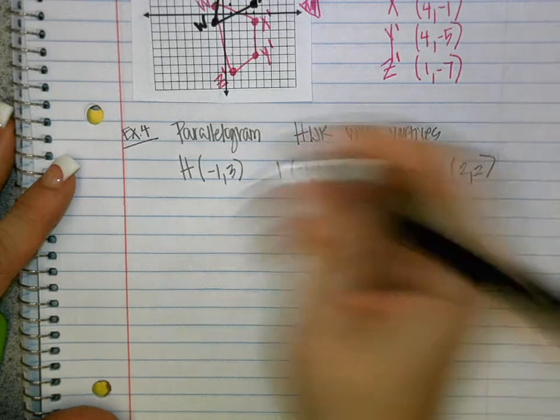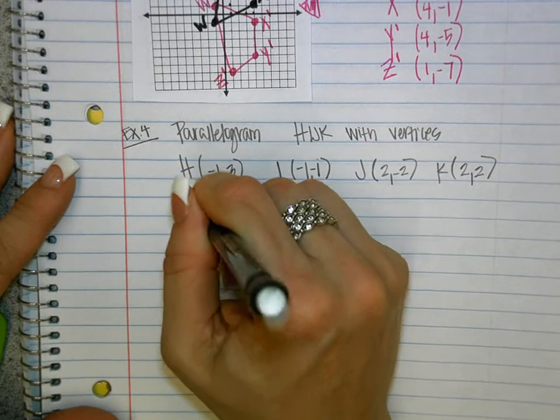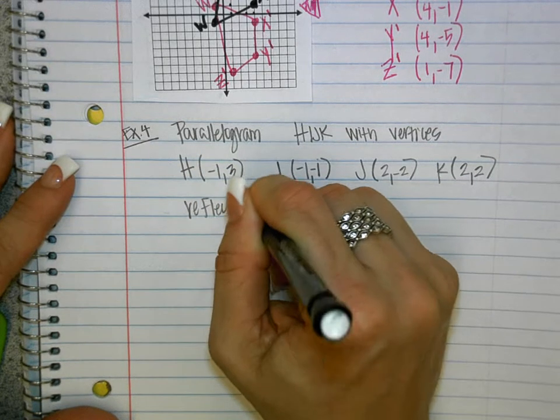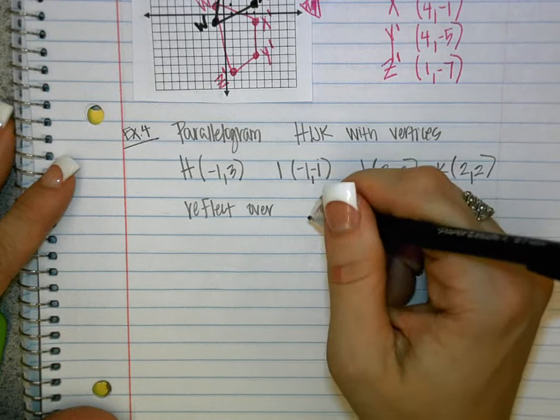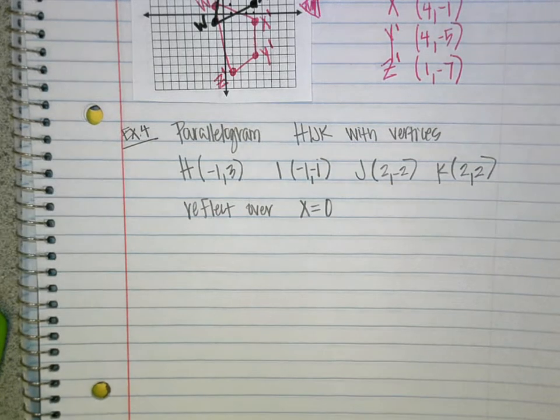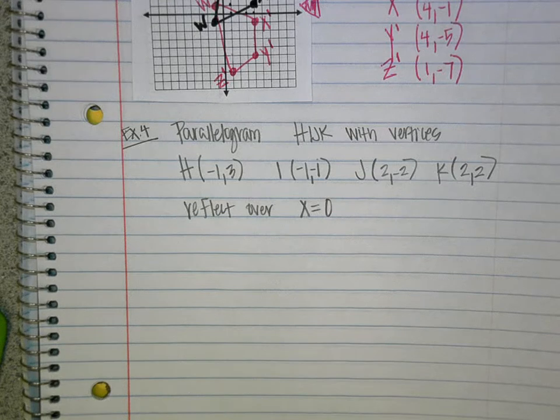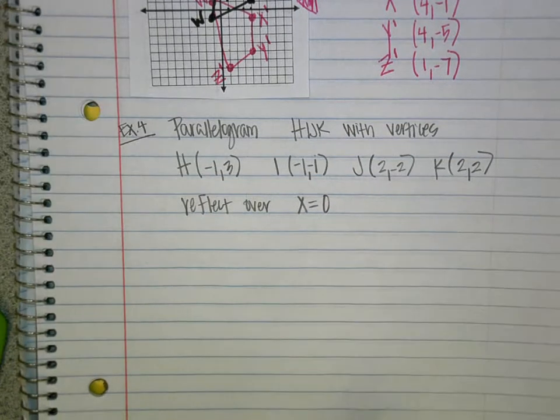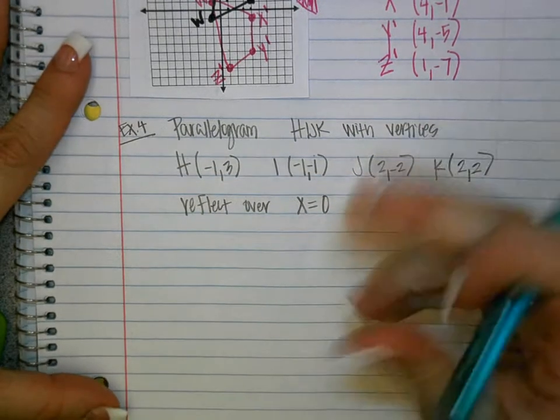And this time I would like to reflect over x equals 0. So that's the y-axis. If it's at x equals 0, another way of saying that is the y-axis.